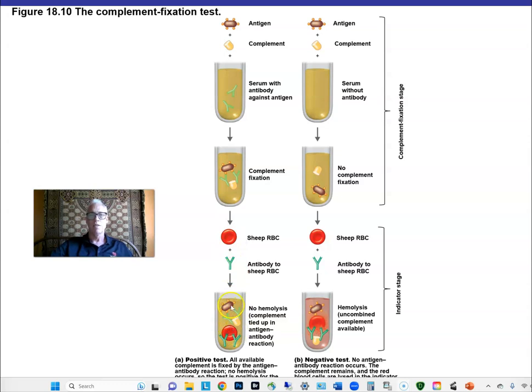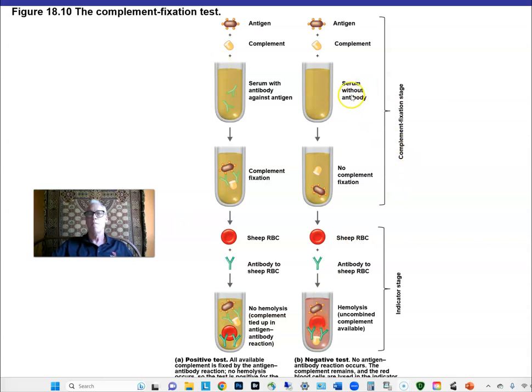Nothing happens to the red blood cells because all the complement that you intentionally added at the beginning has been saturated, all used up by the initial antibodies. So you choose the amount of complement you're going to add so that this works out well. So in this scenario, there's no lysis of red blood cells by complement by the membrane attack complex.